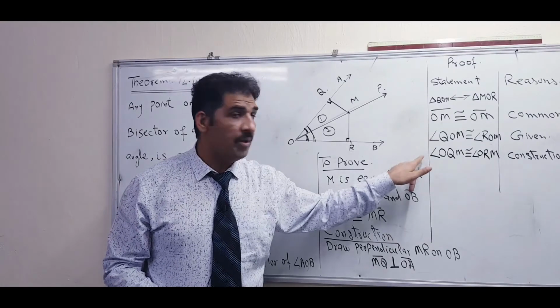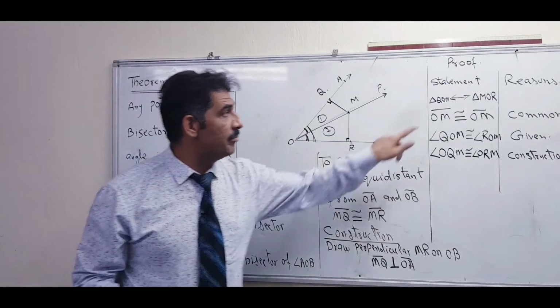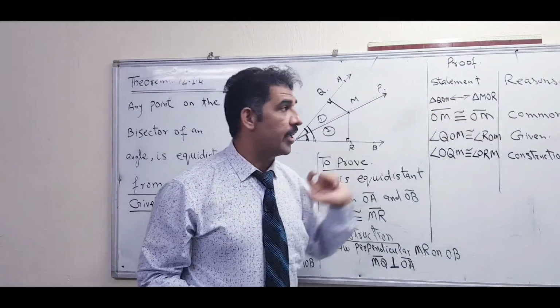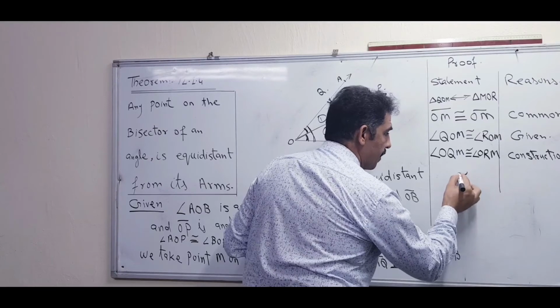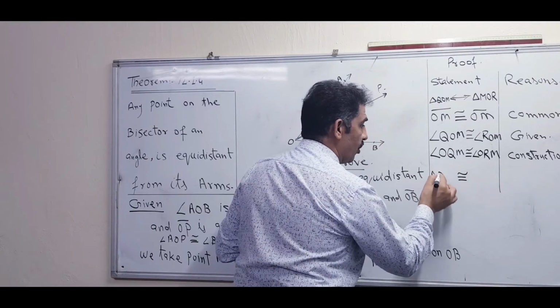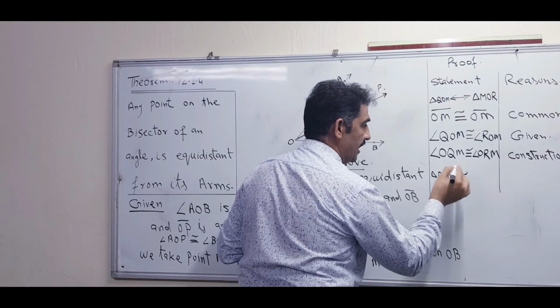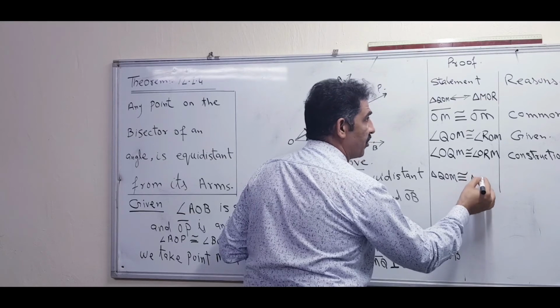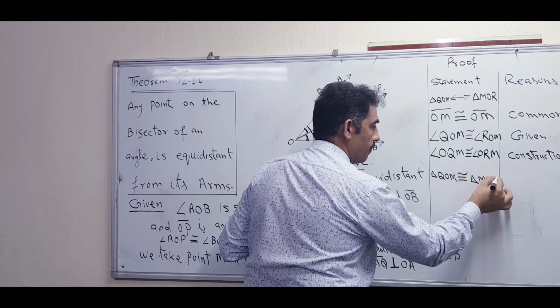Three components we found out: 1, 2 and 3. When we find out three components, then remove this sign and use the sign of congruency. And the same triangle you will write: triangle QOM congruent to triangle MOR.